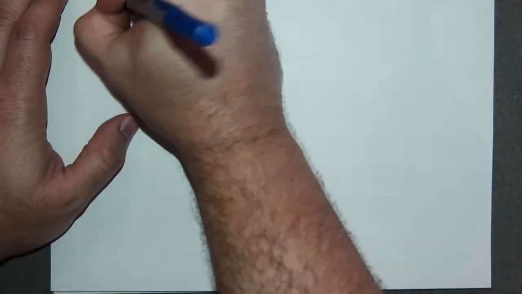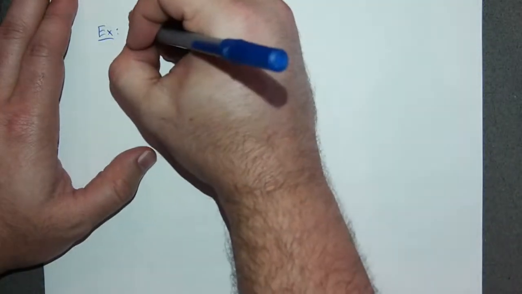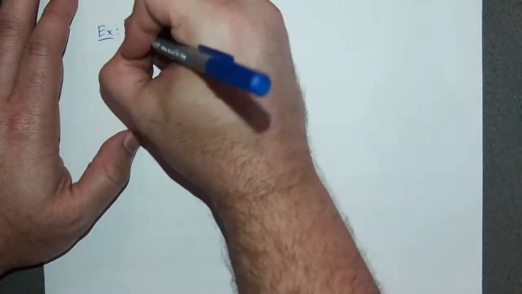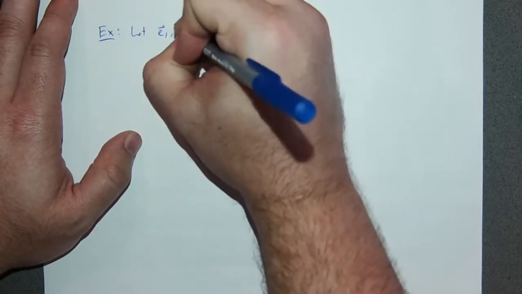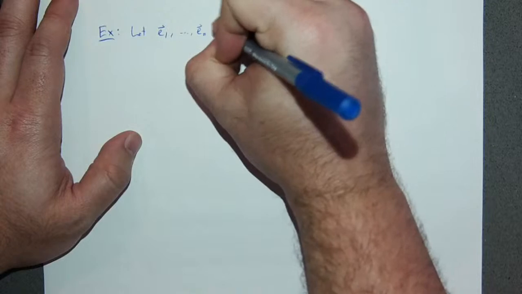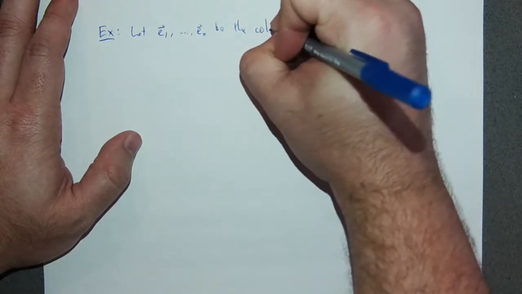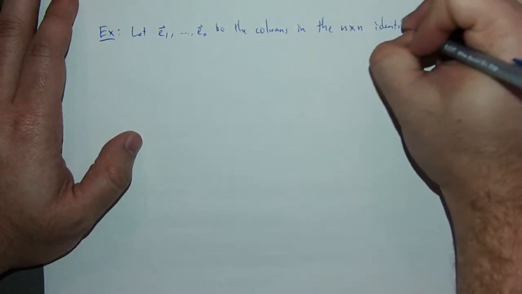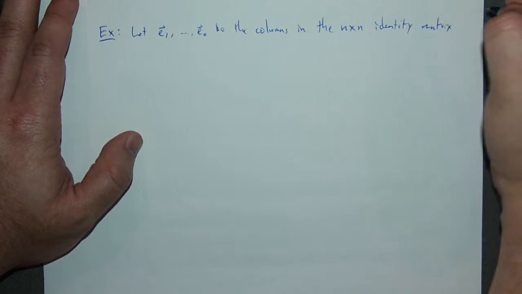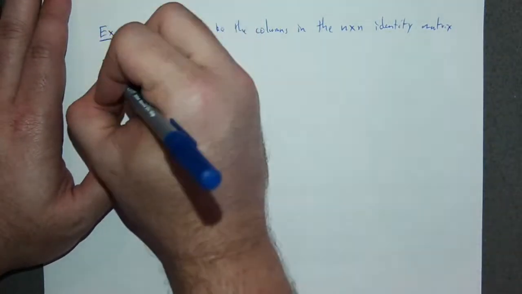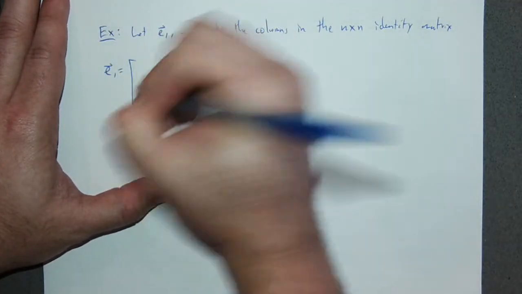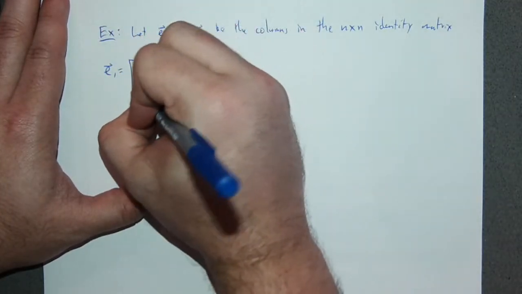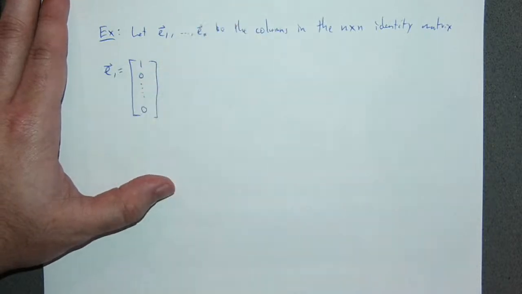Let's do more. Consider, let E sub 1 through E sub n be the columns in the n by n identity matrix. Then what are these things? E sub 1 is the vector 1, 0, 0, 0, 0.